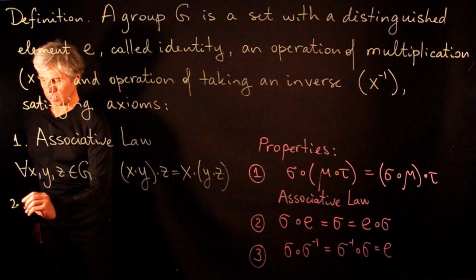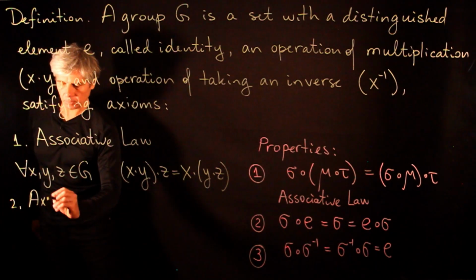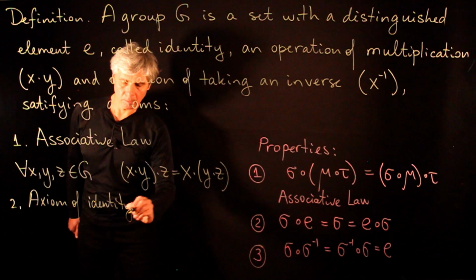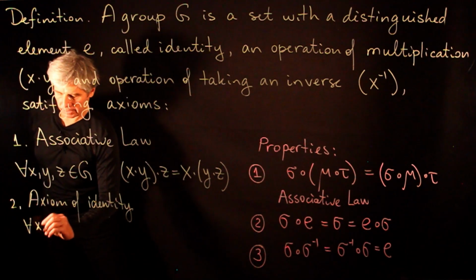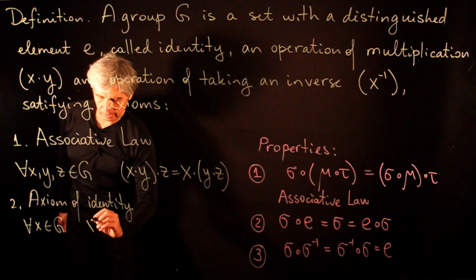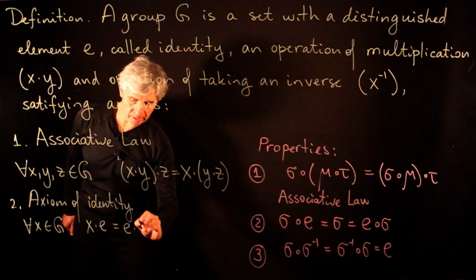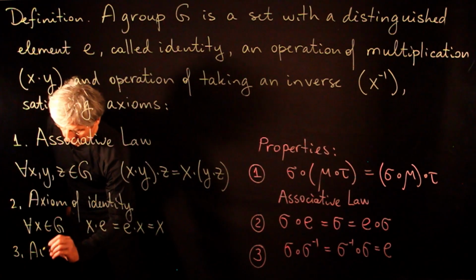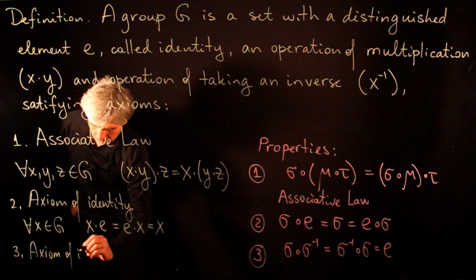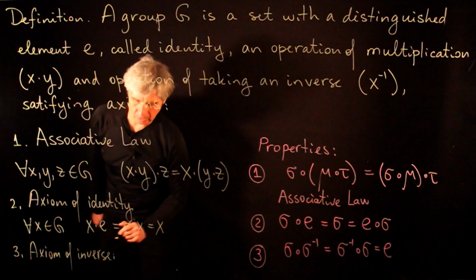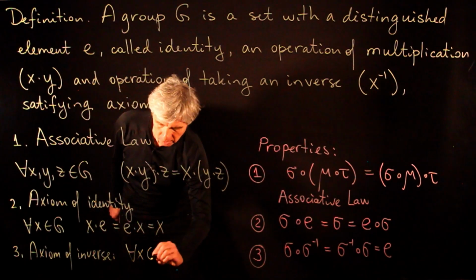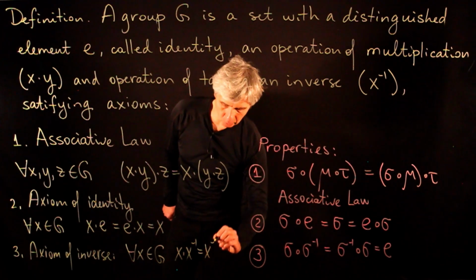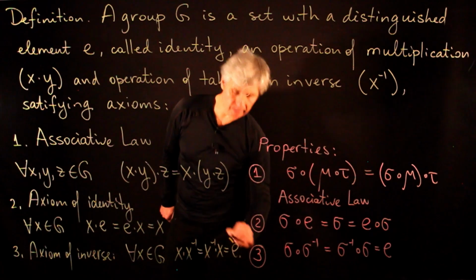Then 2 is the axiom of identity, which says that for all x in G, x times identity and identity times x is equal to x. And 3, the axiom of inverse that says that for all x in G, x times x inverse and x inverse times x is equal to identity.